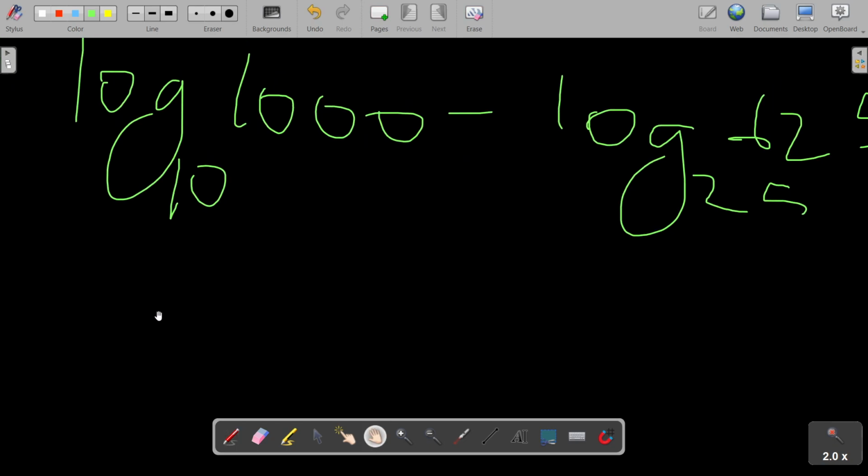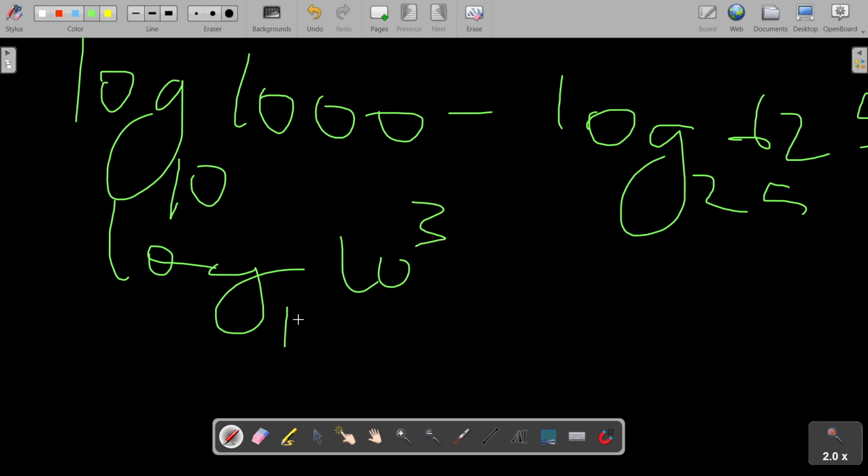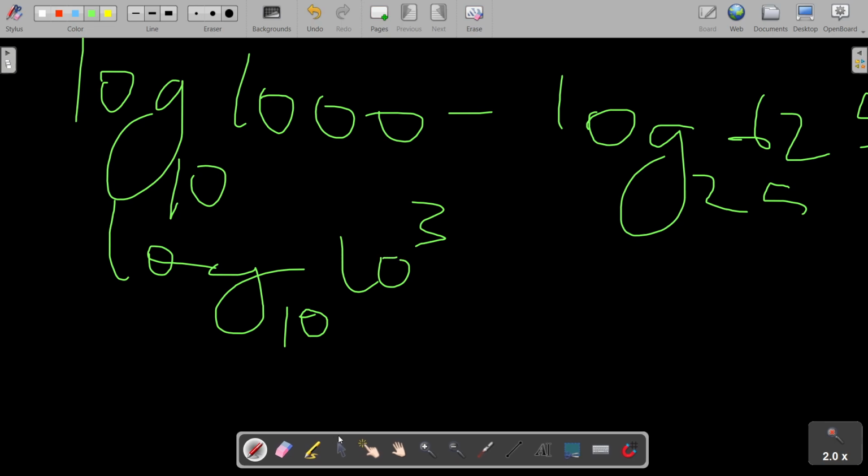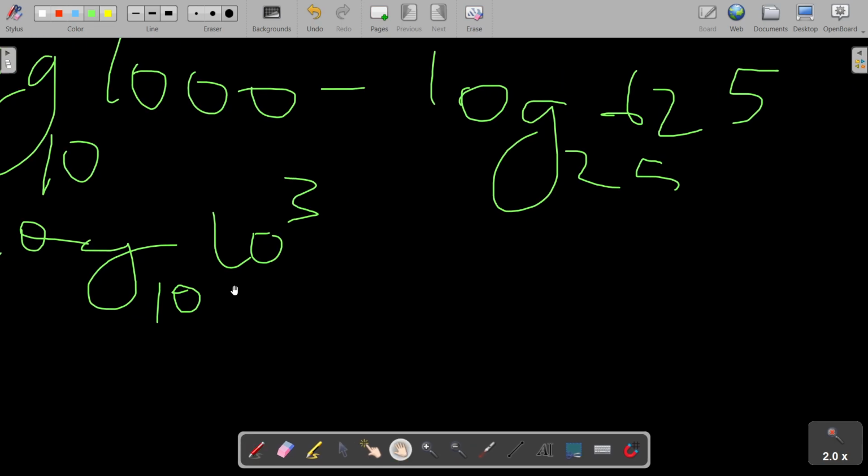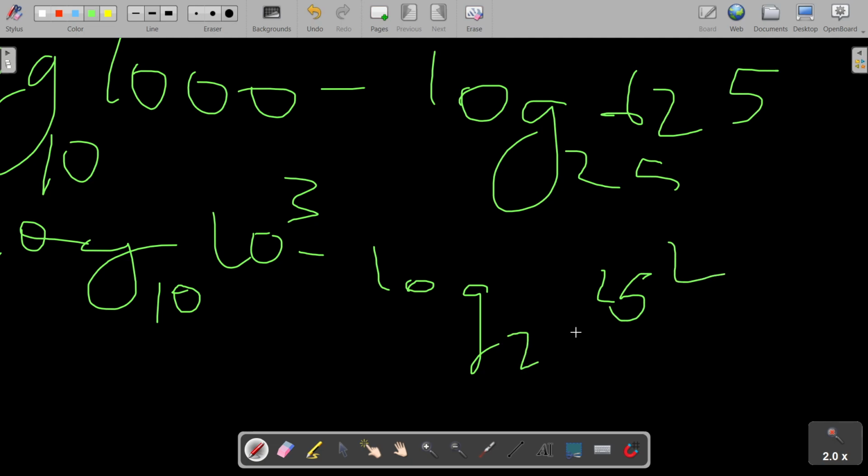Let's simplify that. Basically, log 1000 is log 10 cube, this is base 10. Simplified. And minus log 625 is 25 squared, this is base 25.